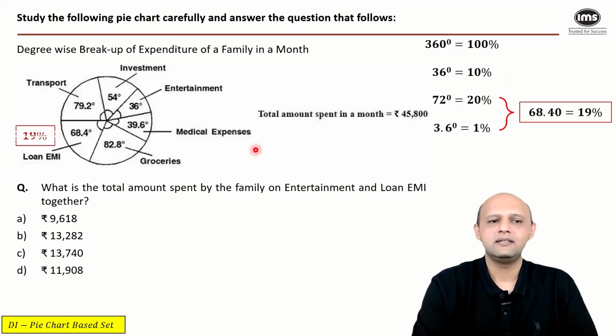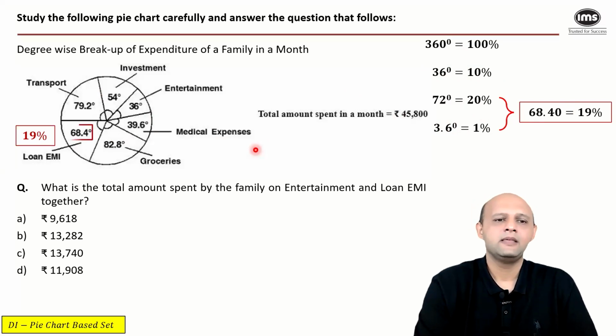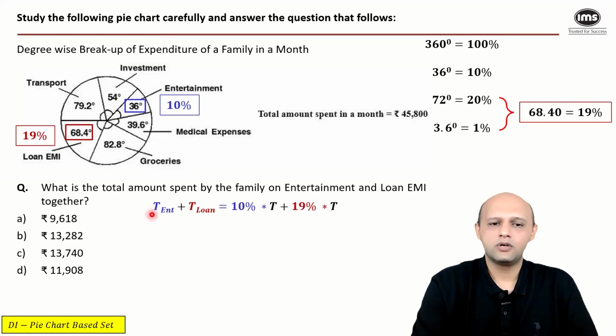Okay, so basically we have now successfully converted the degrees into percentages. Loan EMI constitutes 19%. Entertainment constitutes 10%. Okay, so 36 degrees, which is 10%. So total for entertainment and loan is going to be 29% of the overall total.